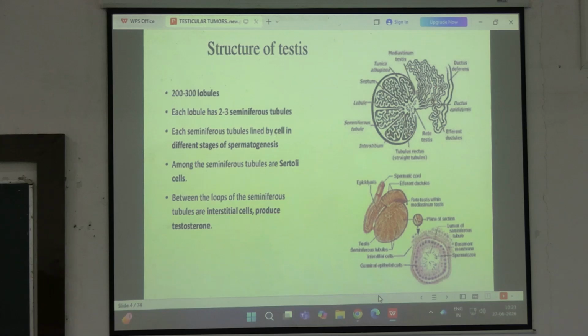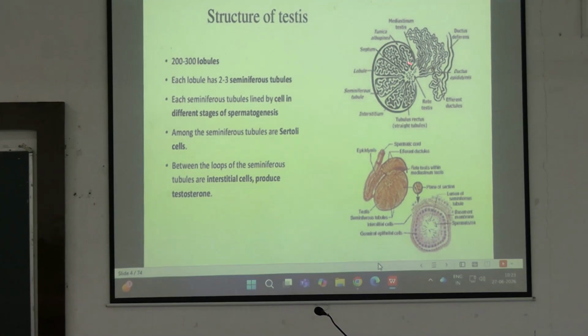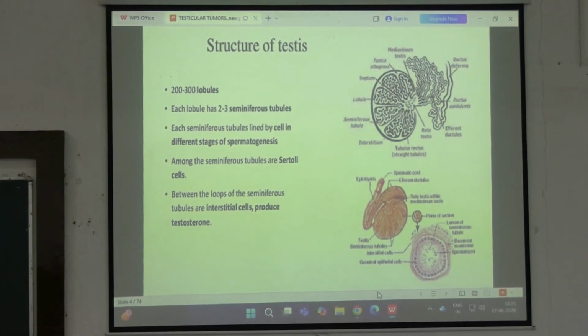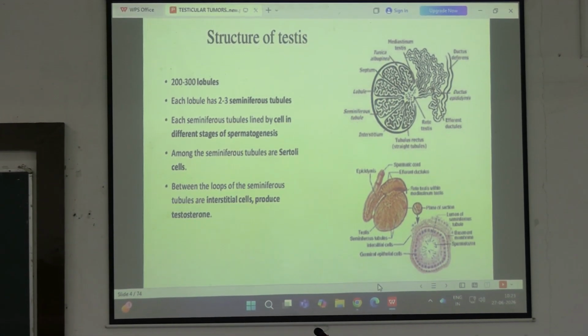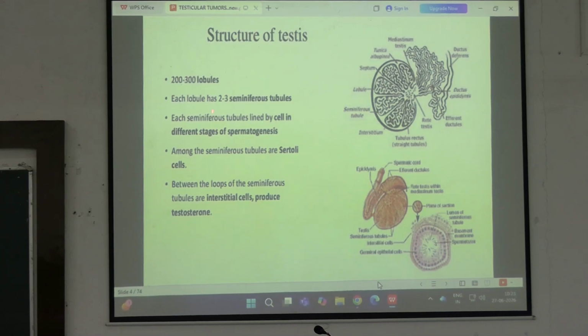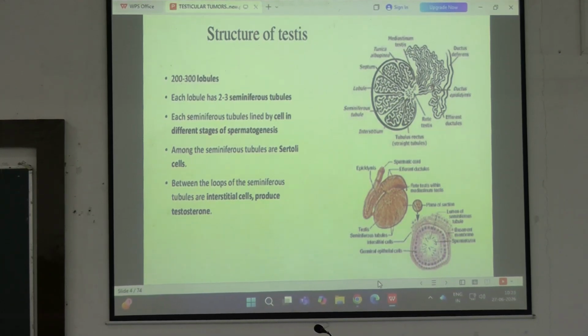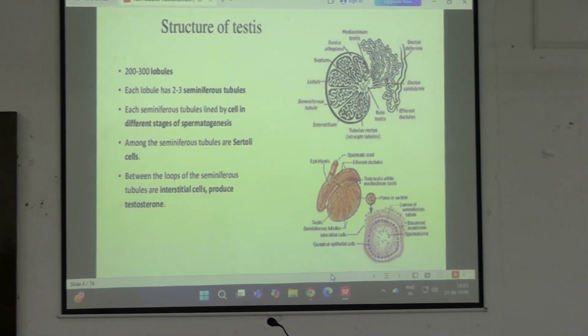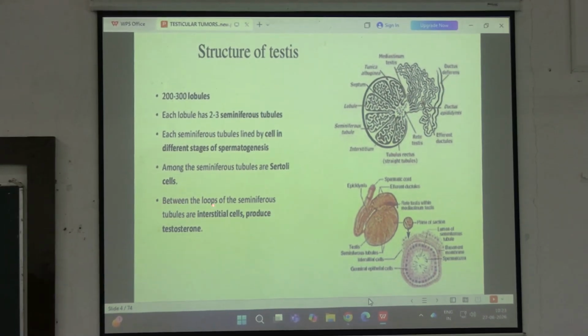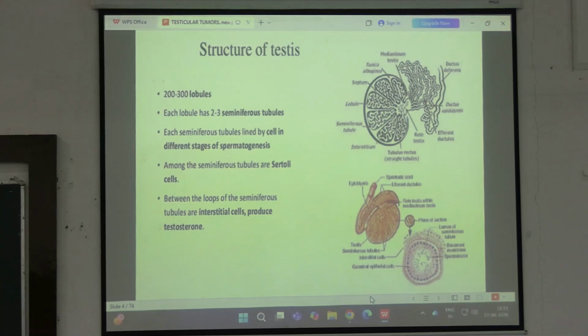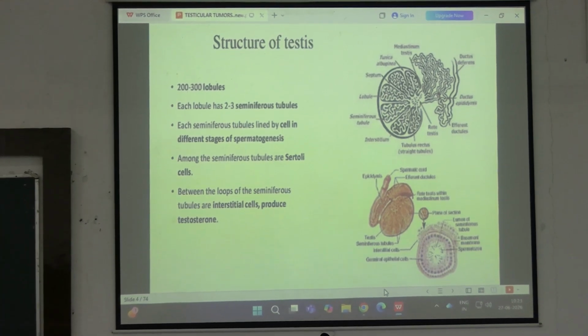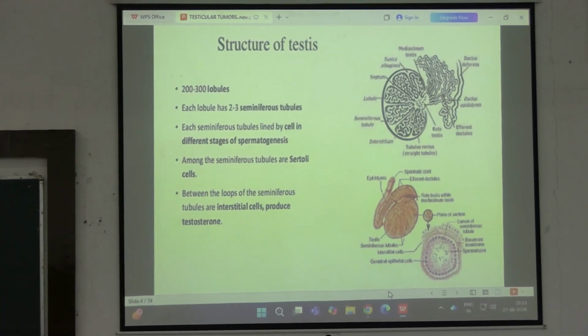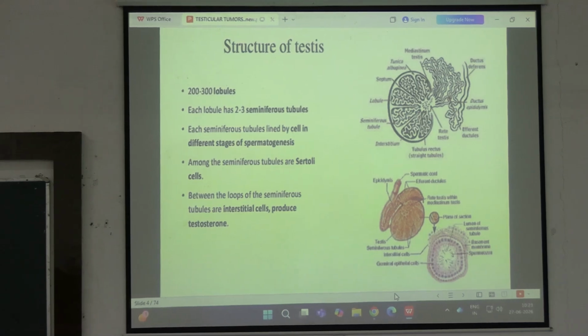Again, as described by your batchmate, there are lobules divided by septa in the testis, and inside these lobules there are seminiferous tubules, which are lined by cells in different stages of spermatogenesis, right? In between, there are Sertoli cells also, and between the loops of these seminiferous tubules, there are other supporting interstitial cells known as the Leydig cells.